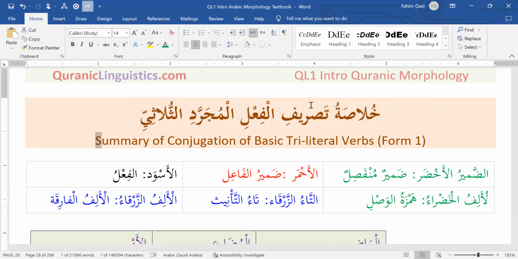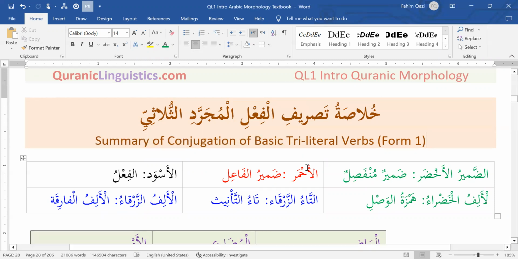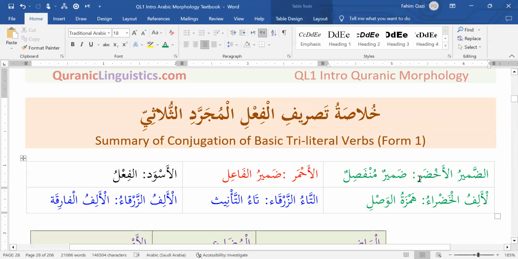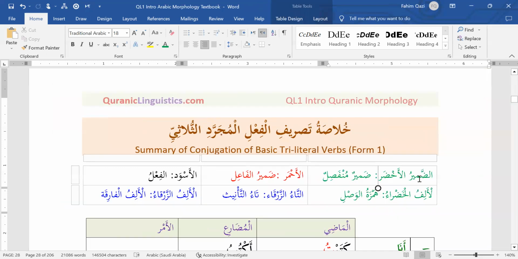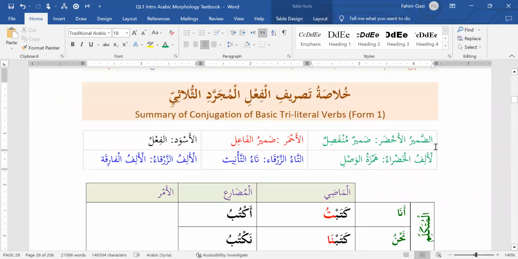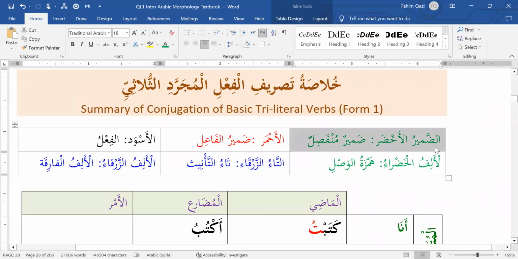Summary of the conjugation of the basic triliteral verbs, form 1. We're going to use the color codes here to review al-madi, al-mudari, and al-amr. Ad-damir al-akhdar, the green pronoun, is damirun munfasilun.